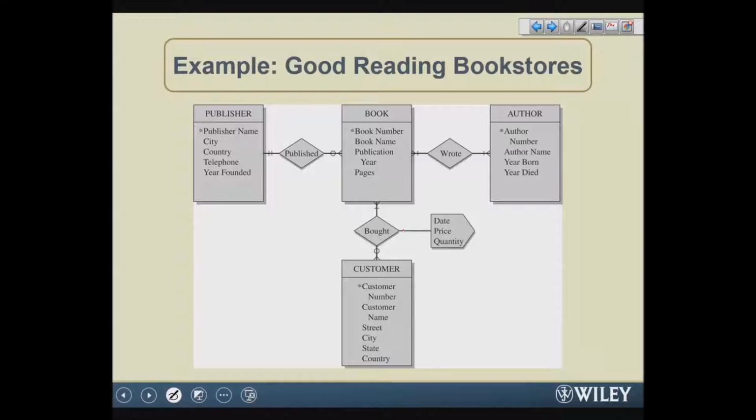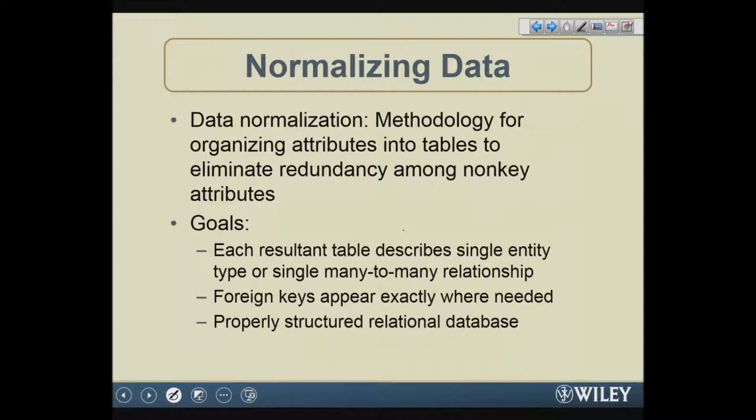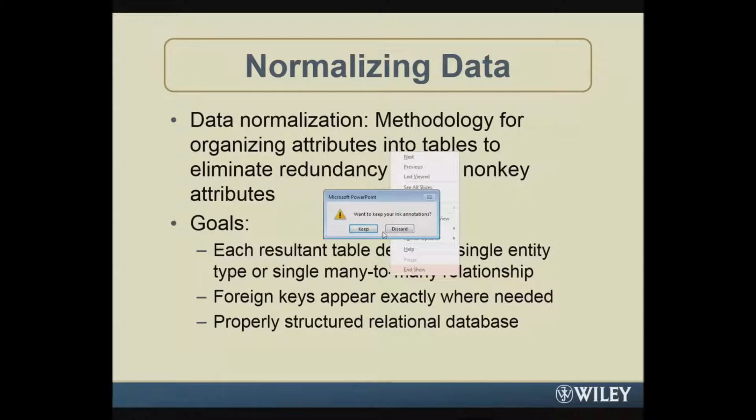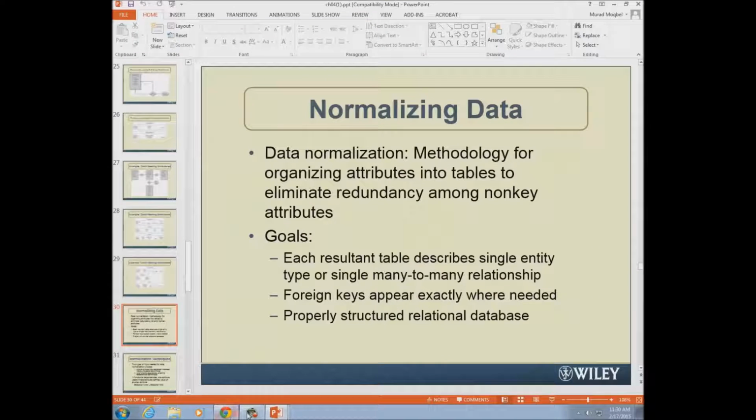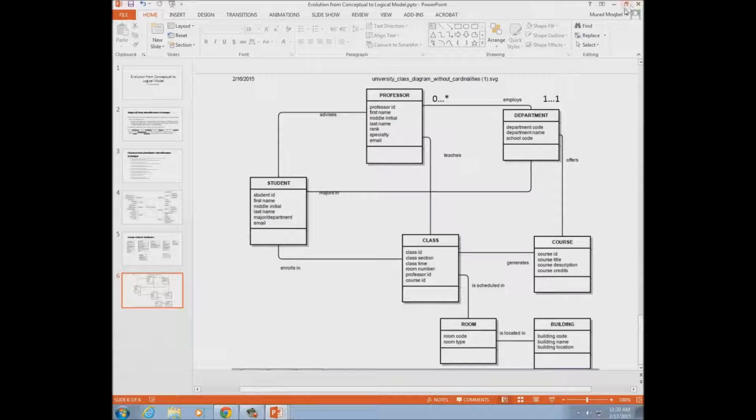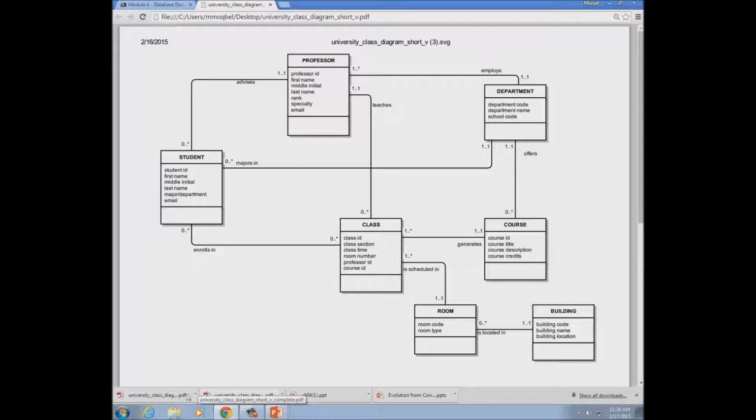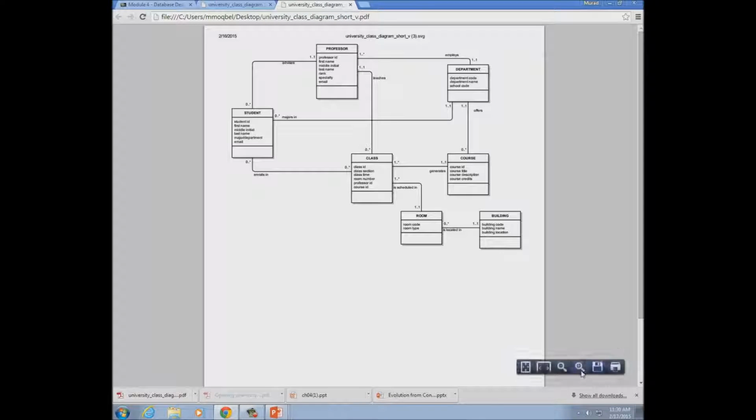So now I will stop here, and on Thursday we'll talk about normalization. But before that, in terms of this chapter, I want you to work on what you worked on earlier.